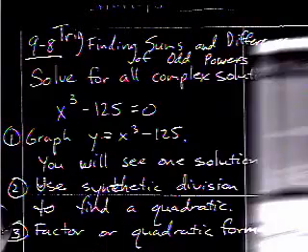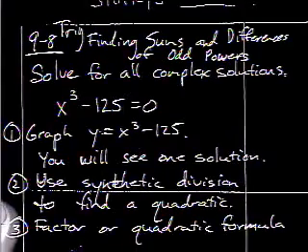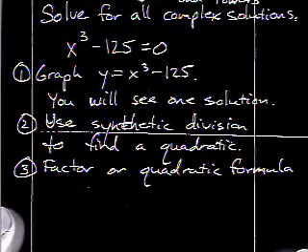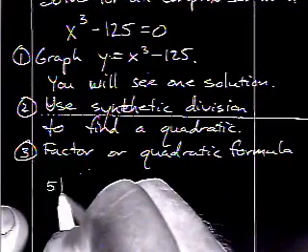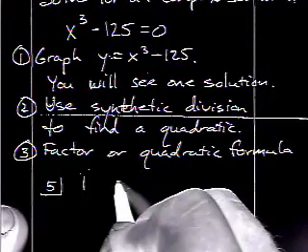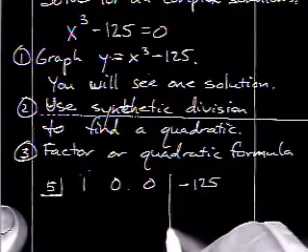Okay. So now we could use synthetic division to find a quadratic, and then either factor it or use the quadratic formula. So 5, we've got a cubic term, no quadratic term, no linear term, and a constant.